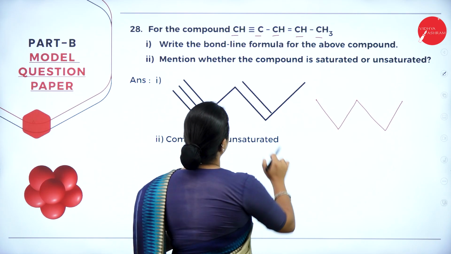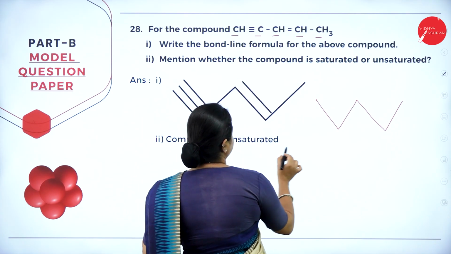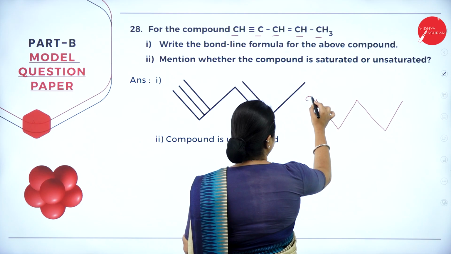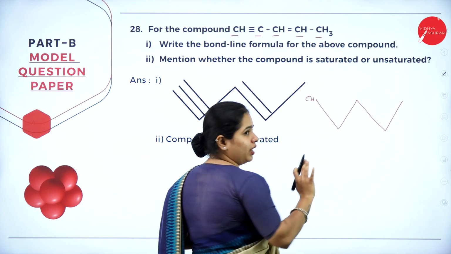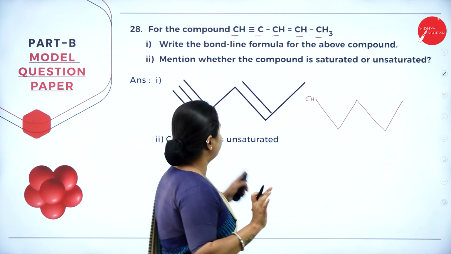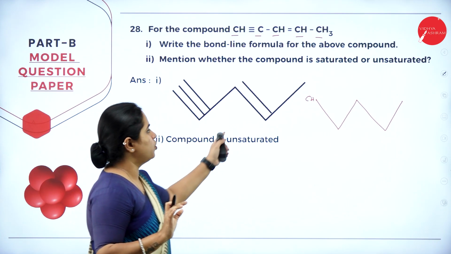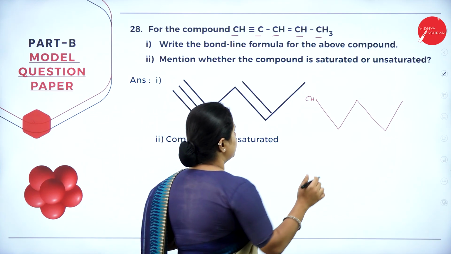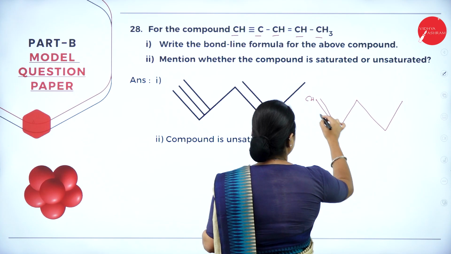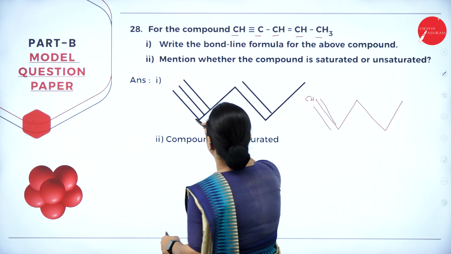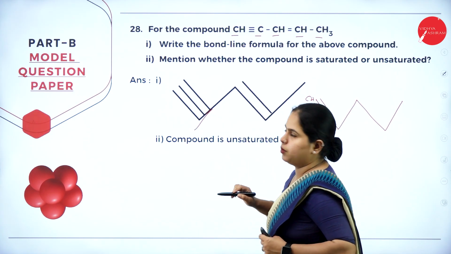And in the first junction you have CH triple bond C. So you have CH here, which you don't have to represent. You just have to write the bond line formula. So no need to write the carbon or hydrogen here. There is a triple bond between the first carbon atom and the second carbon atom, which you mention using these triple bonds, right?